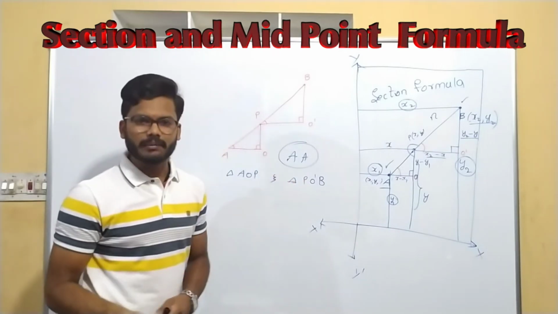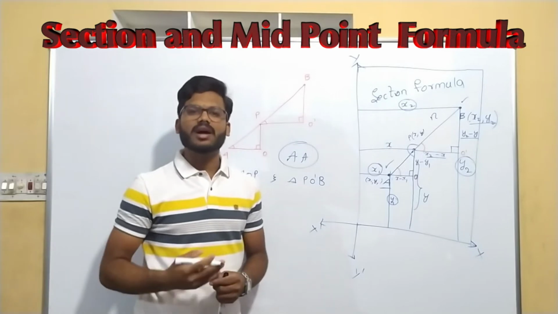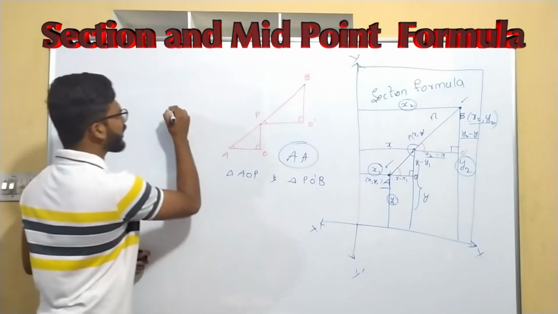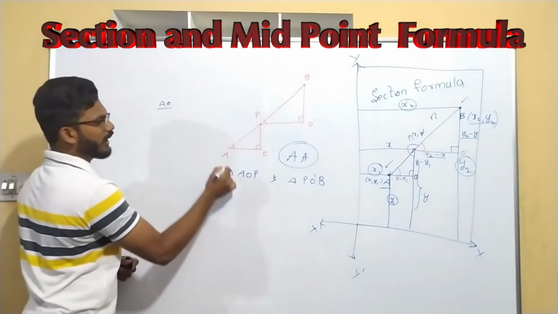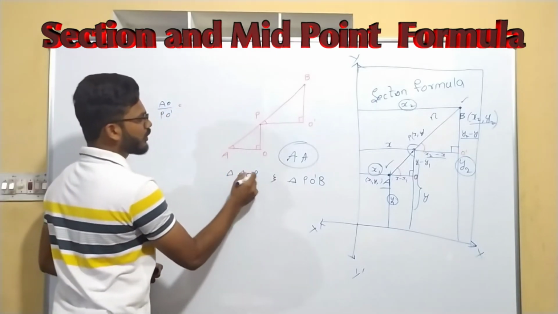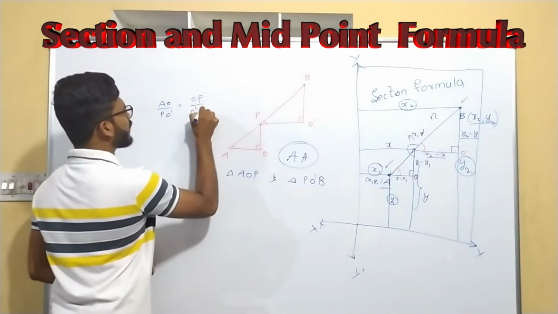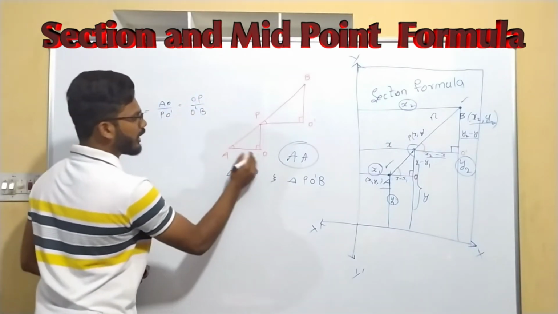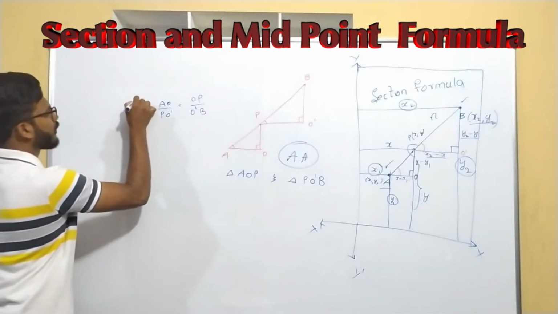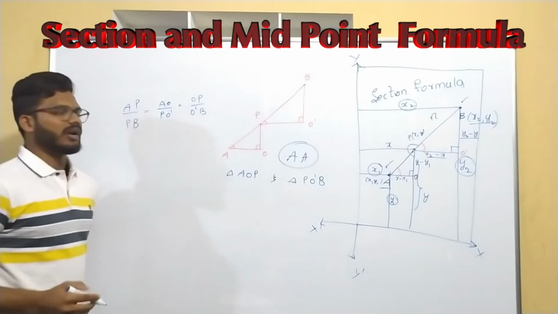Now, if they are similar, what is the criteria? Corresponding sides are in proportion, right? So, what we can tell? AO by PO dash equal to OP by O dash B. This is equal to AP by PB. I'll get this one, right?